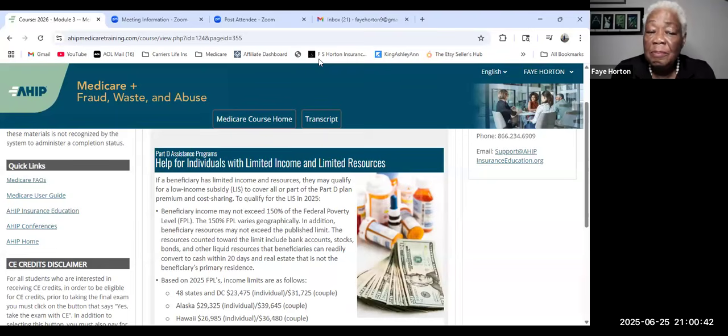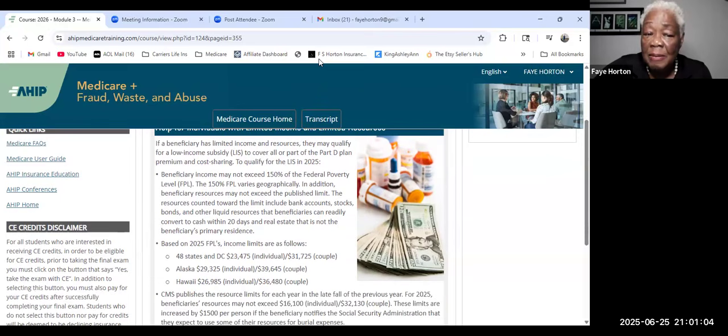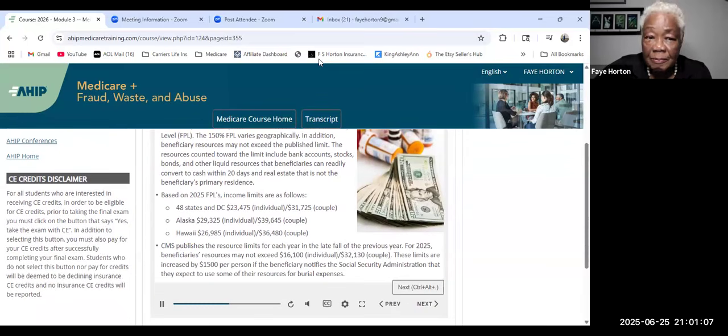In addition, beneficiary resources may not exceed the published limit. The resources counted towards the limit include bank accounts, stocks, bonds, and other liquid resources that beneficiaries can easily or readily convert to cash within 20 days, and real estate that is not the primary residence.